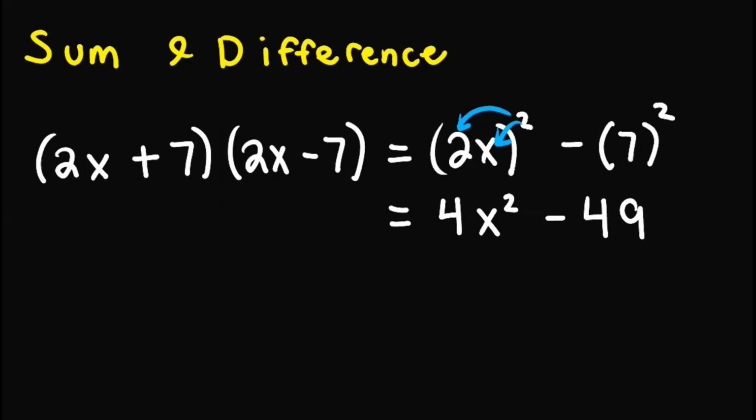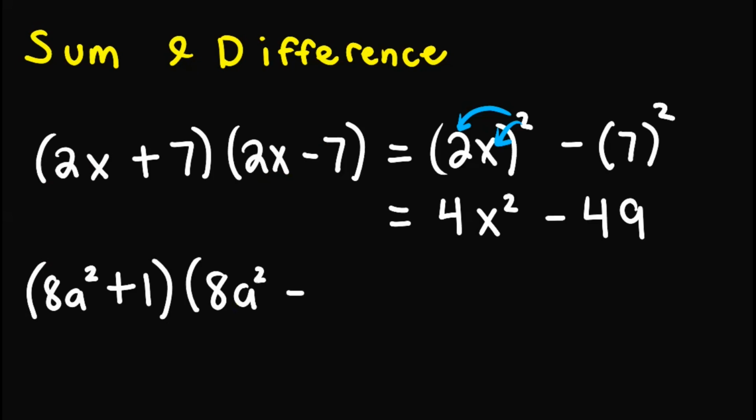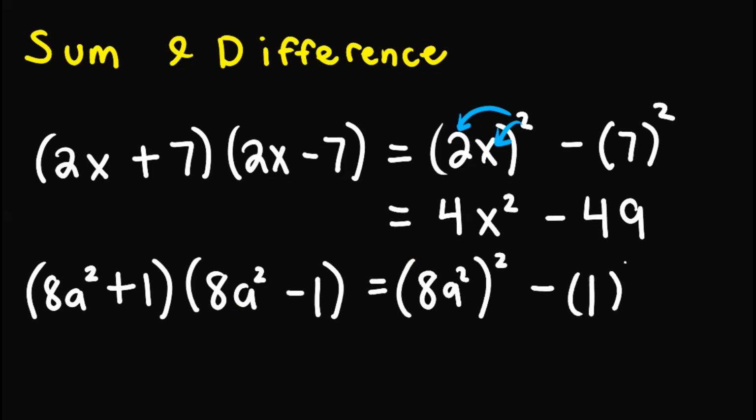Let's have one more example. If we have 8a squared plus 1 times 8a squared minus 1, first we'll have (8a squared) squared minus 1 squared.